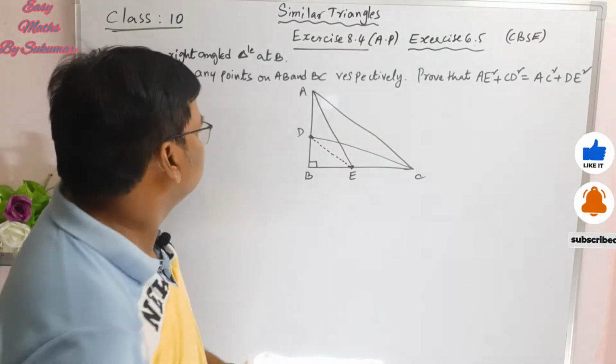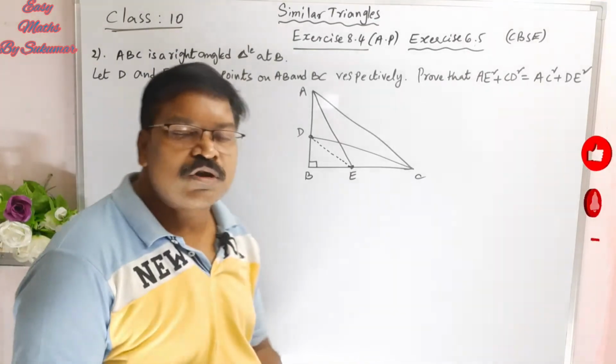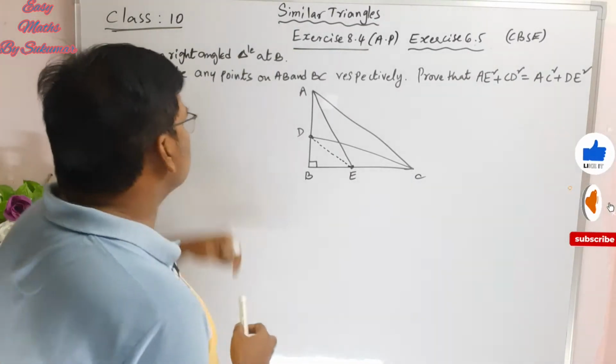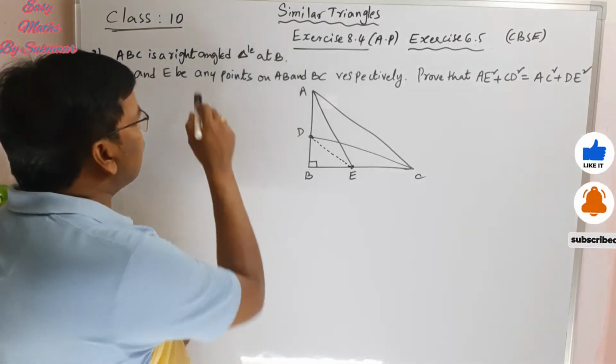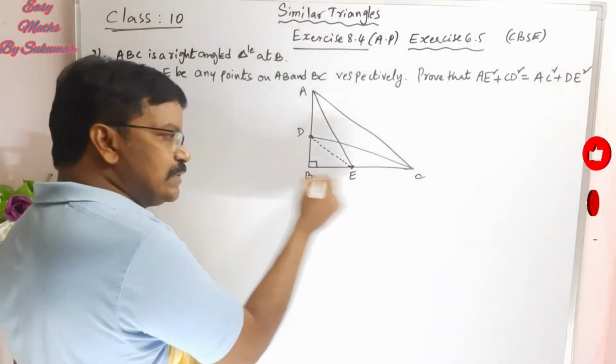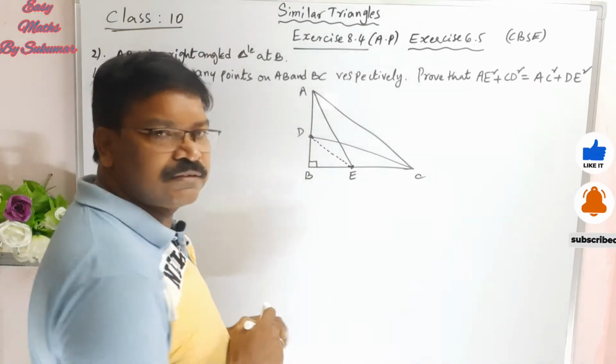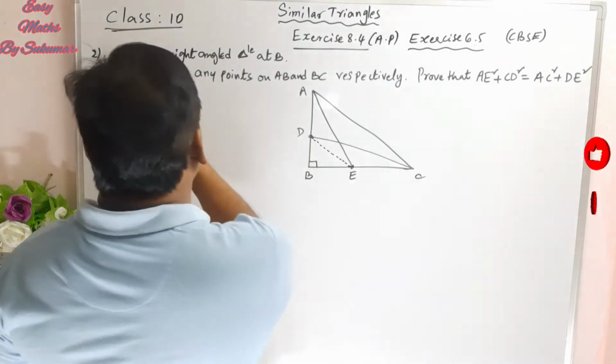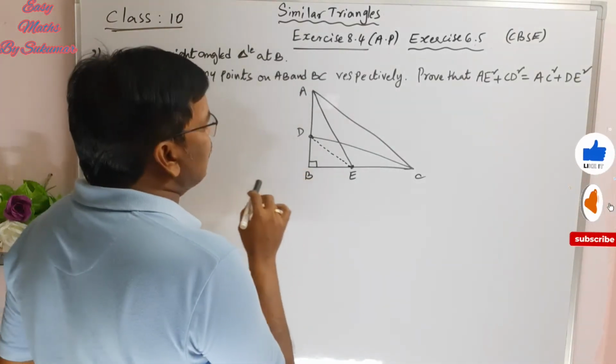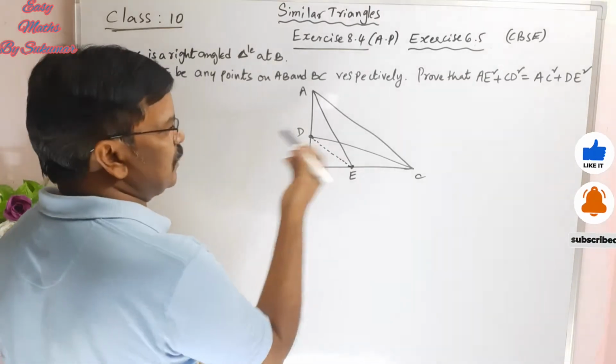Coming to the second sum. In exercise 8.4, ABC is a right angle triangle at B. ABC is a triangle and right angle at B. This is the right angle. Here, D and E are the points on sides AB and BC respectively.